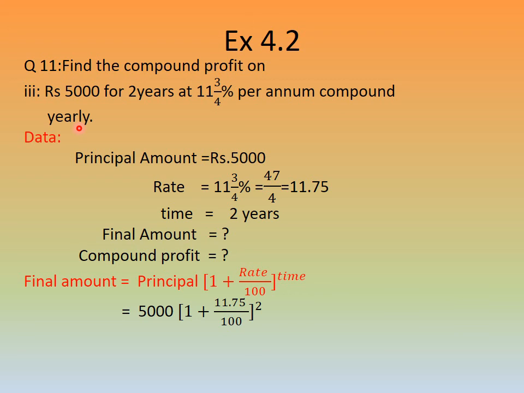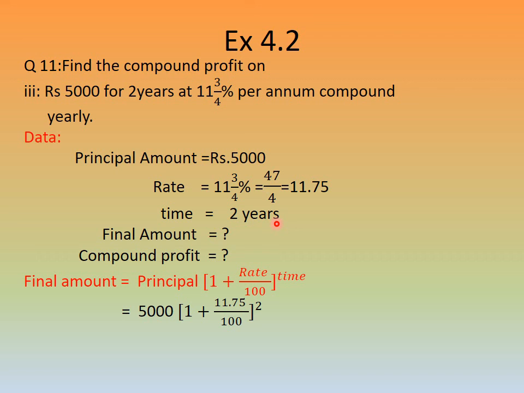As you know, the key point for solving a word problem is first of all taking out data from the given problem, and in data we will have principal amount and rate. Here we have rate in a mixed fraction, so convert it into a decimal so that we can solve it easily. What is the time for getting compound profit?